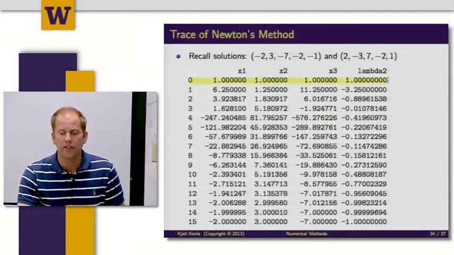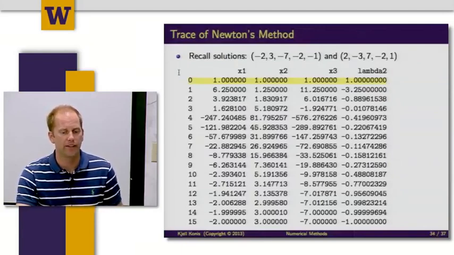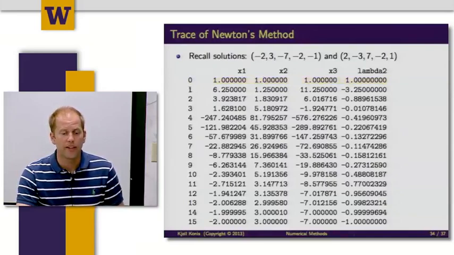What each row is showing is the value after that many iterations. So remember I said my starting point was going to be the vector 1, 1, 1, 1. So after 0 iterations, my x0 is 1, 1, 1, 1. After 1 iteration, I end up at 6.25, 1.25, 11.25, and negative 3.25.